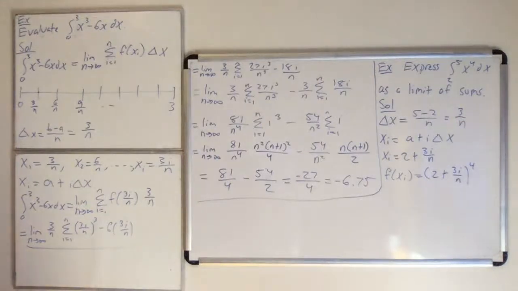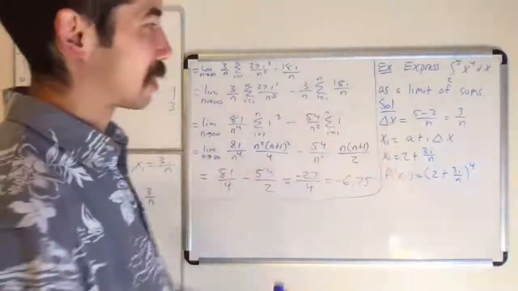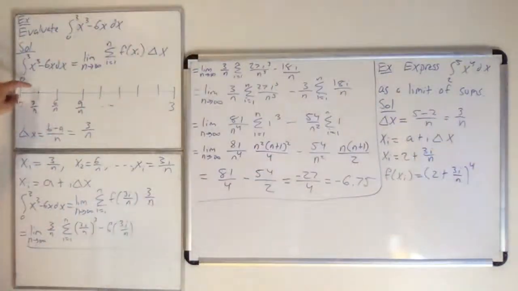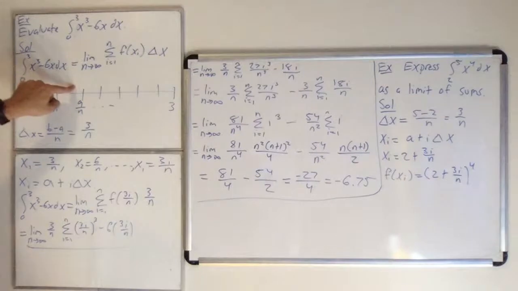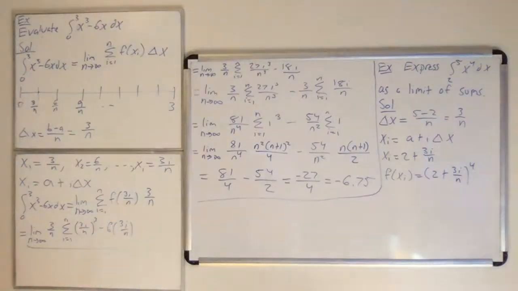No, i is not the imaginary number. We just use it to index which region we're in. So this would be like i equals 1, i equals 2, i equals 3, and so forth. Some people use j to avoid that confusion, but I use i.